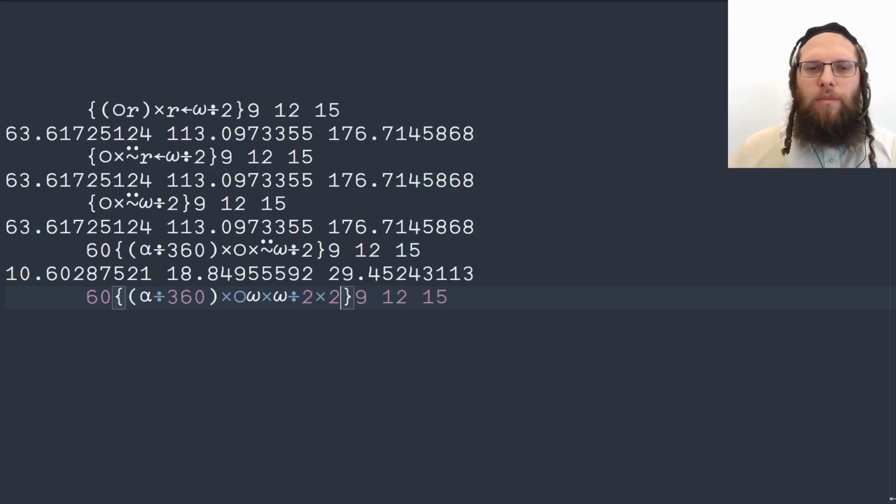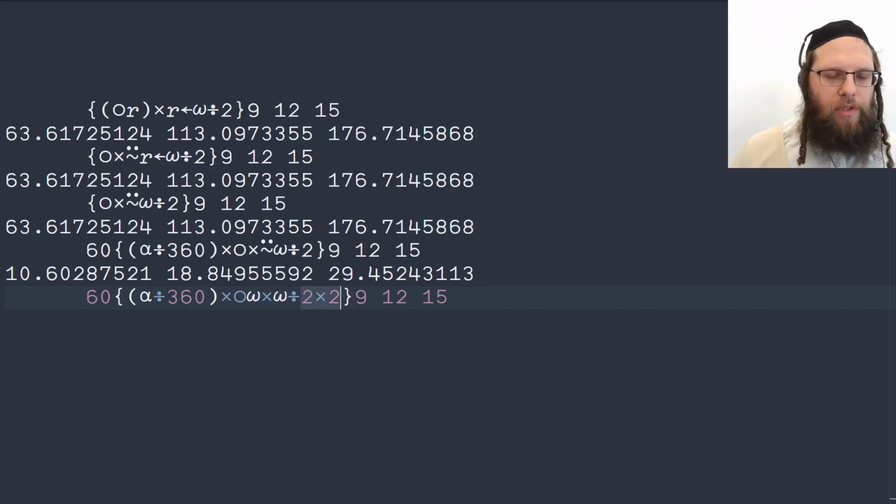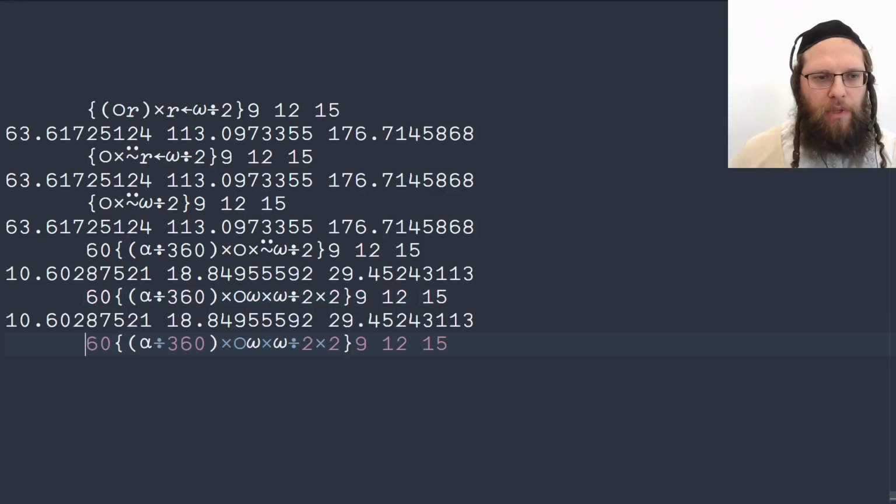How does this work out? Because APL functions have long right scope. That is, this division symbol sees everything on its right as its right argument. So this becomes omega divided by 4, and then times omega again. So this is also omega squared divided by 2 squared. You can see we get the same values right there.